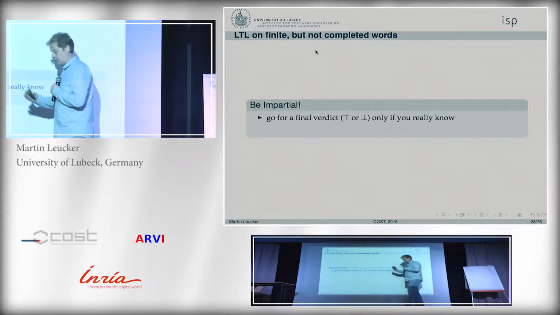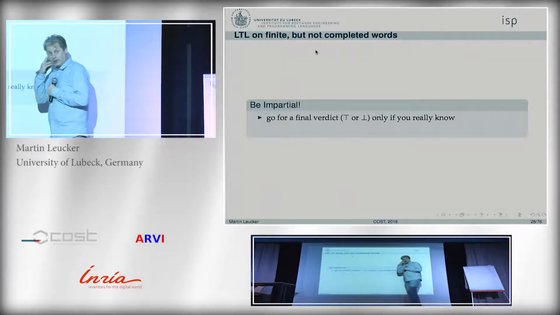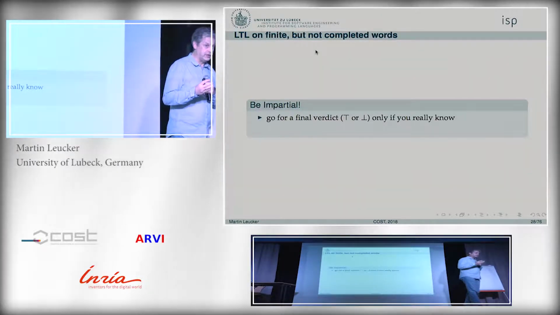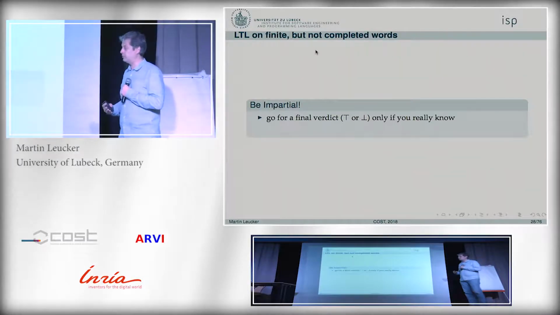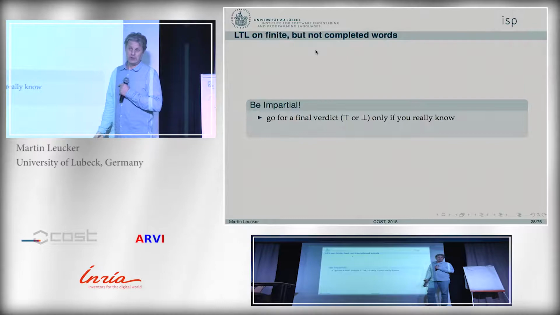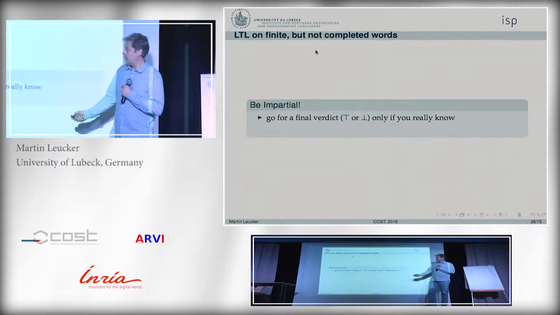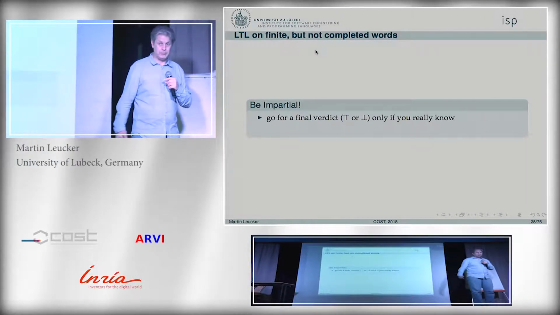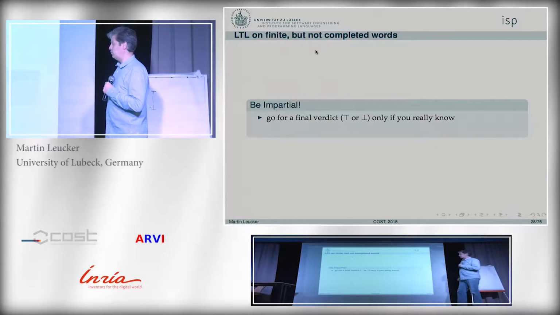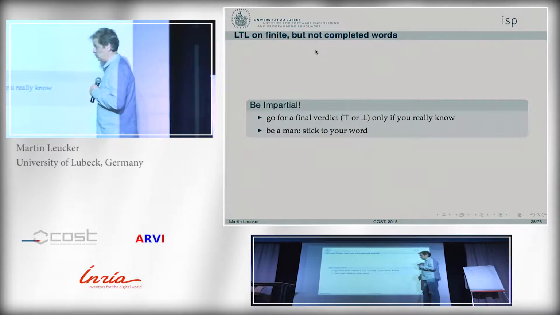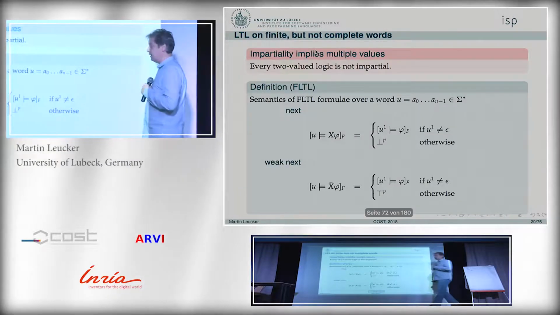One of the ideas, also mentioned by Adrian, is that the semantics for runtime verification, in the setting of continuously expanding words, should not go for true or false if the verdict may depend on the forthcoming future. This is what we call impartiality. Such a semantics should be impartial. Go for the final verdict, true or false, only if you really know. Be a man, stick to your word. That's the idea. How can we do that?